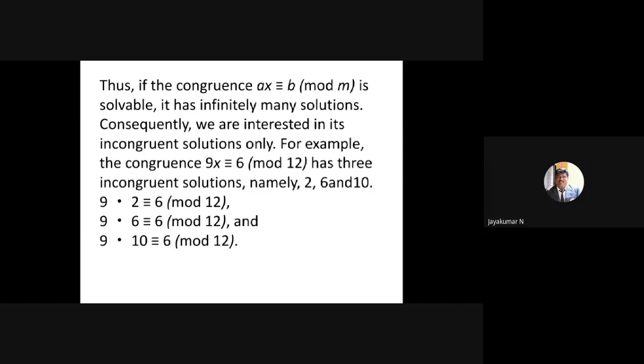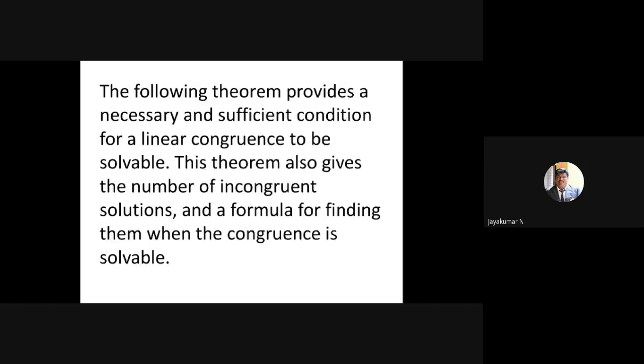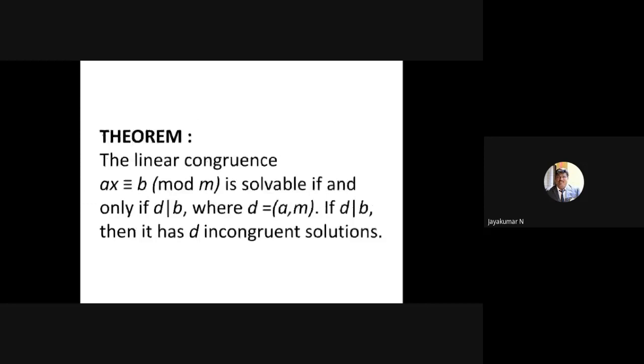The theorem is: the linear congruence ax congruent to b mod m is solvable if and only if d divides b, where d is the GCD of a comma m.